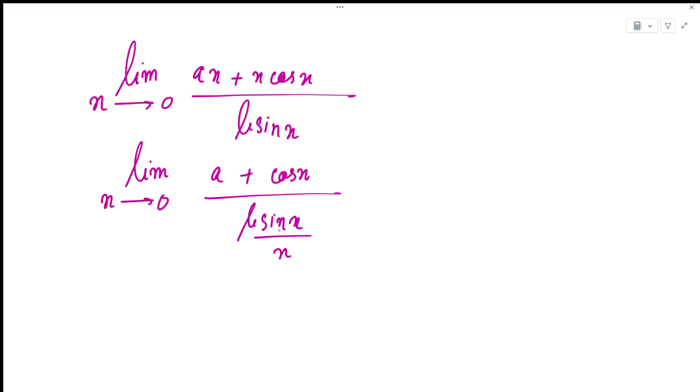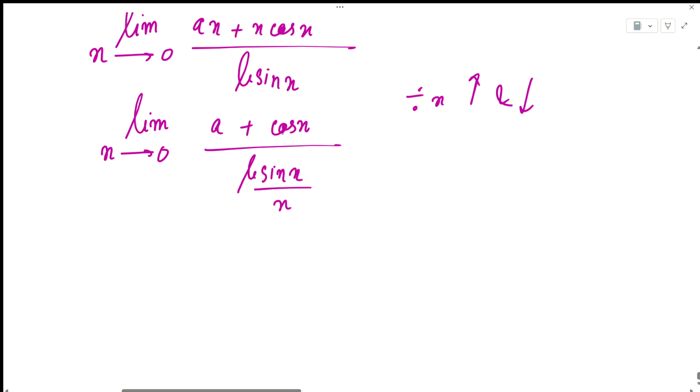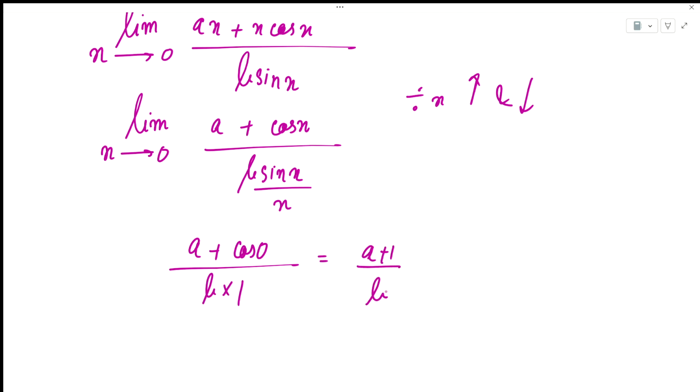Basically what we are doing, we are dividing by x both top and bottom. So you would know that this will become a plus cos 0, and sin x upon x when x tends to 0 is 1, so this is b into 1. So this will be (a plus 1) upon b.